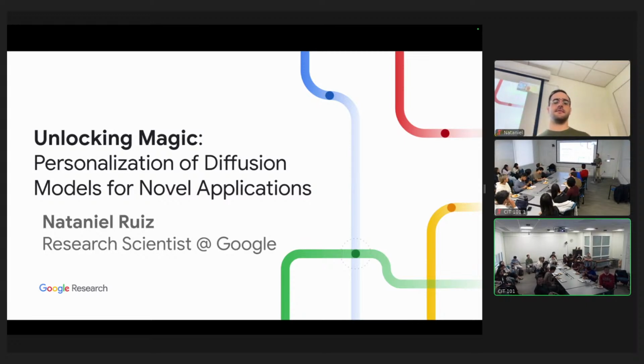And I think since the advent of the diffusion models that were able to generate really high quality images, such as Imagen and DALL-E 2, a host of new applications that weren't possible before have appeared.